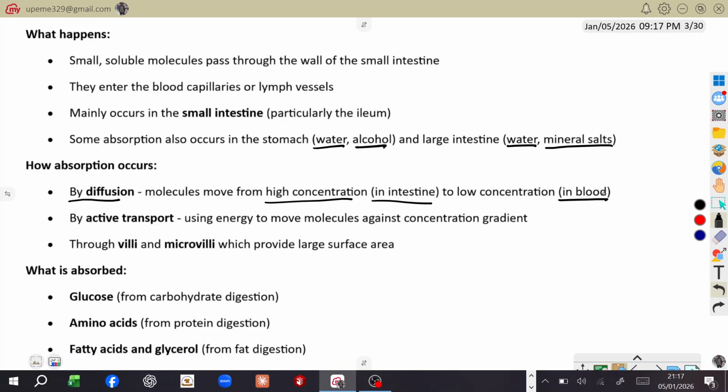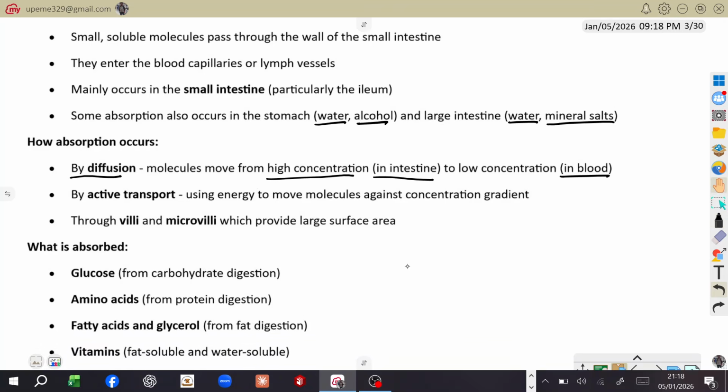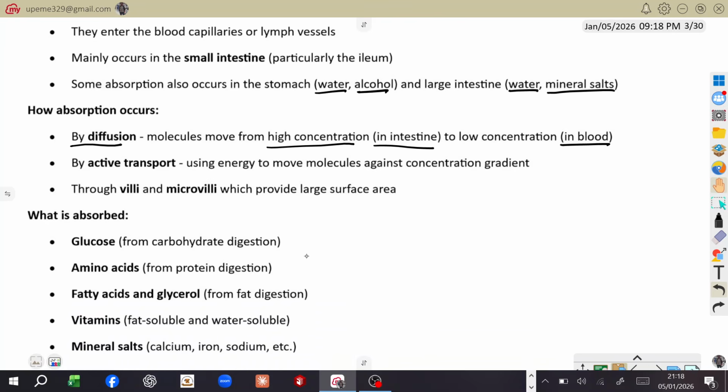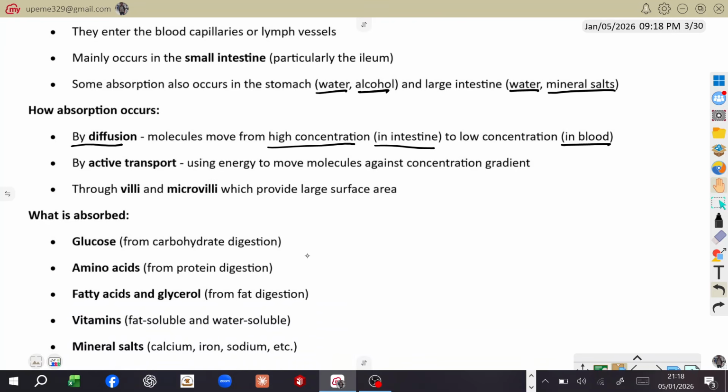Whenever food in the blood has been used by body cells, there will be low concentration of food nutrients. So the food in the intestine will be able to diffuse into the blood to be transported to the rest of the cells. That is what happens for food to be absorbed by diffusion.